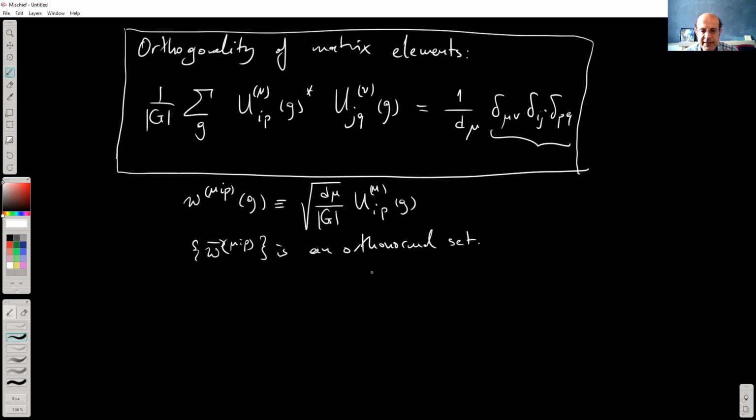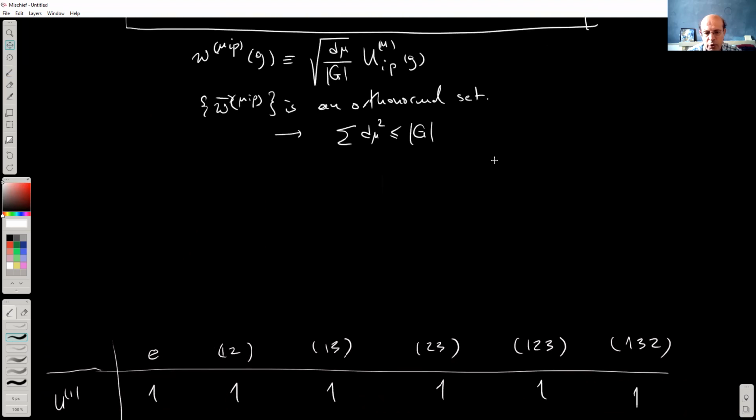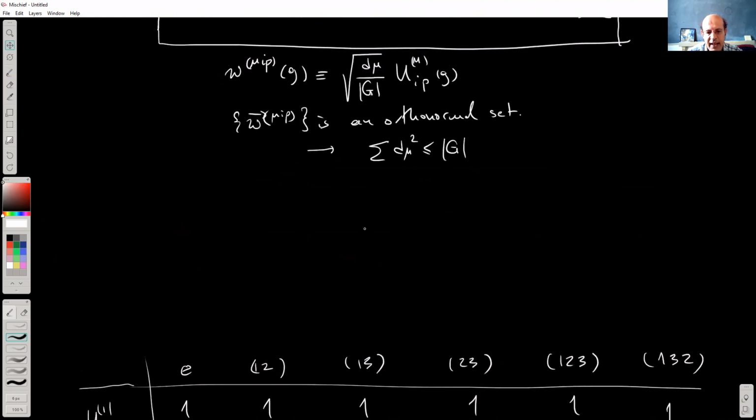But later, I have said that we are going to show that this is actually an orthonormal basis because the number of vectors is basically equal to the order of the group. And then, from here, we deduce that the sum of the dimensions squared is less than or equal to the order of the group. In any case, I'm just going to talk about this group S3, right? So group S3, okay?